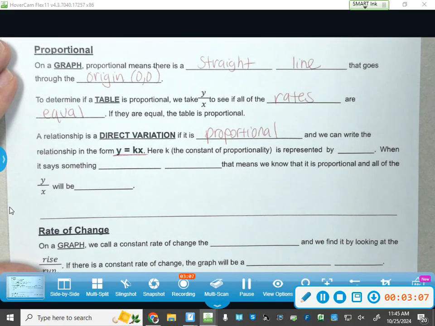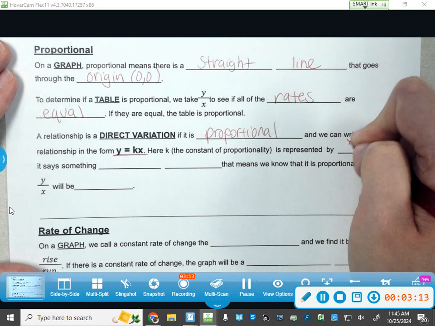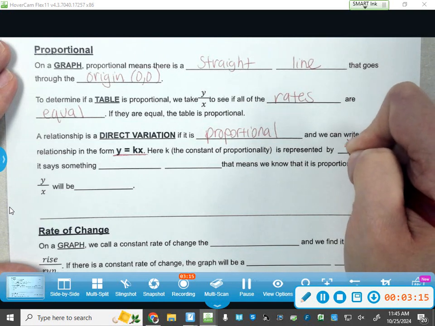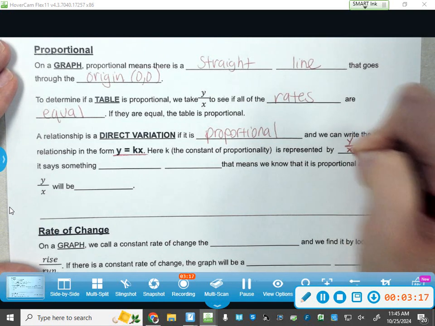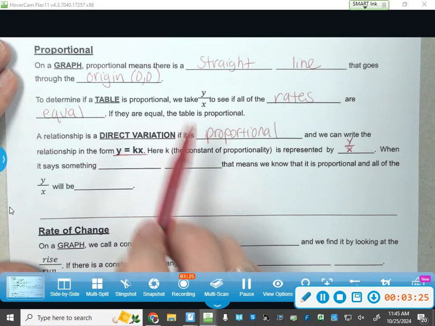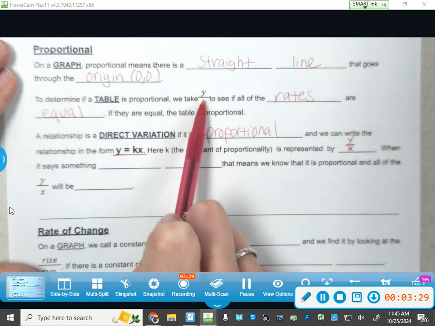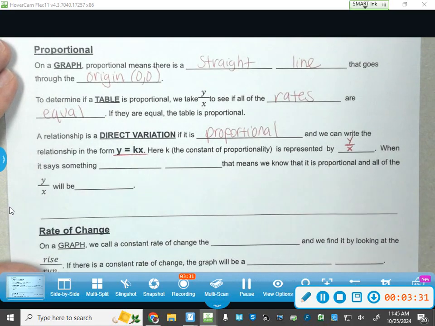Here, k, or our constant of proportionality, is represented by whatever the value was for y divided by x. K is equal to whatever is y divided by x. That constant value that we kept getting, that equal value on every single one, that is k.